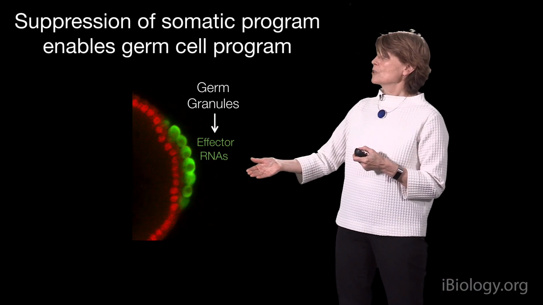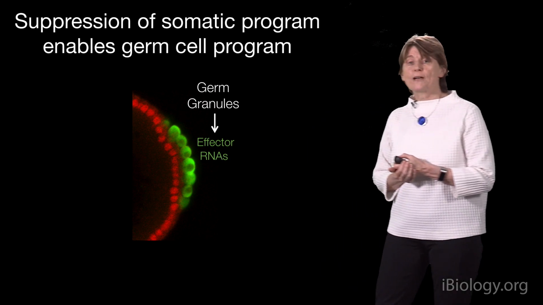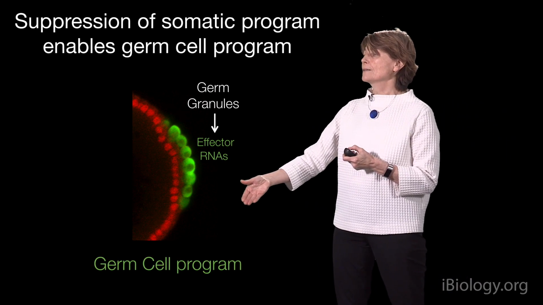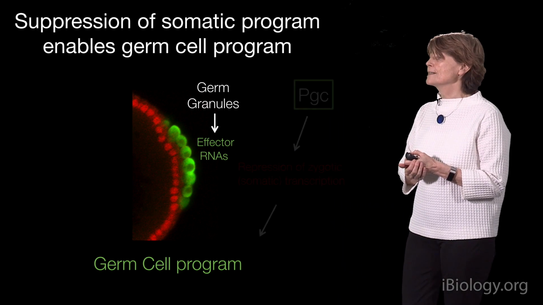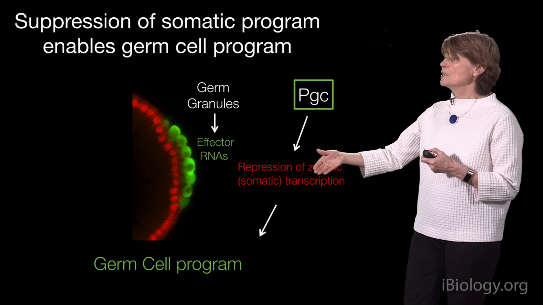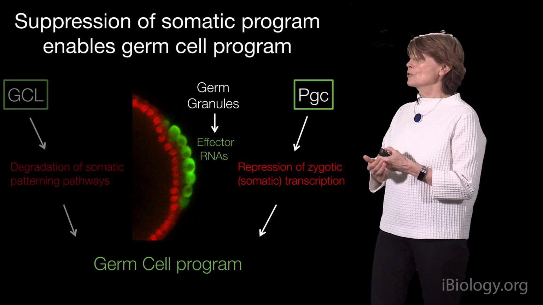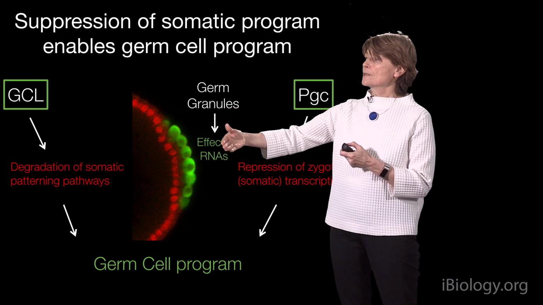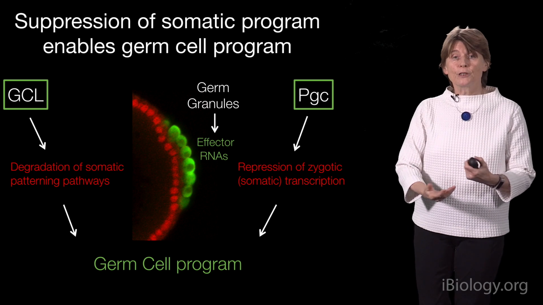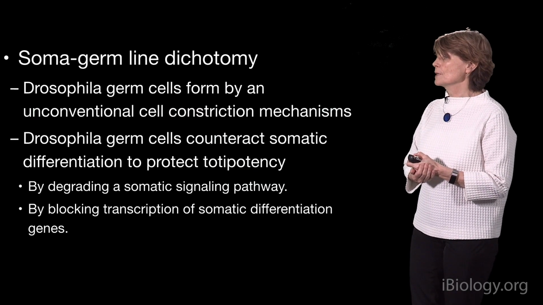And so what I showed you is that in the germ granules, you have these effector RNAs, and I told you about the germ cell program that requires these effector RNAs. And I was telling you about 2 of these effector RNAs, PGC, which blocks transcription in the germ cells, and then germ cell-less, which degrades the specific protein, which could affect somatic signaling in the germ cells.